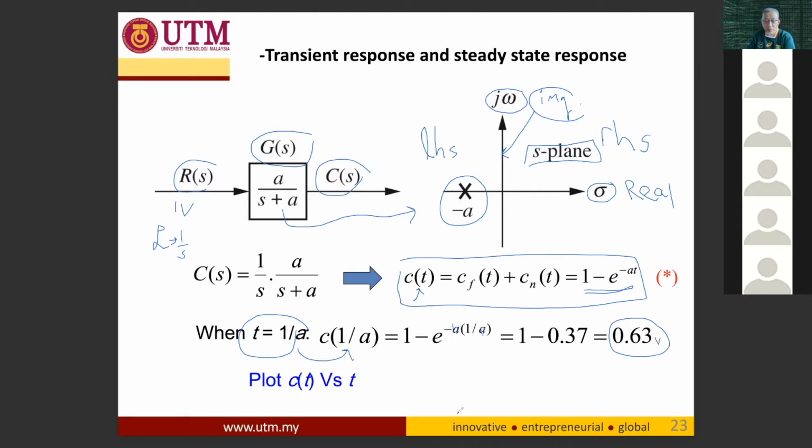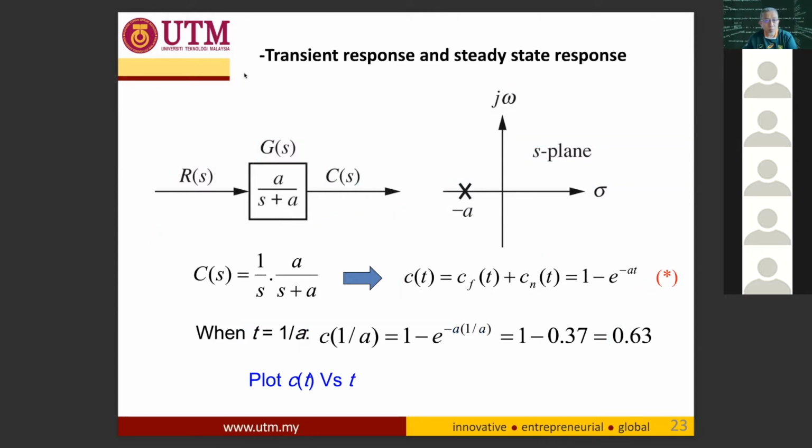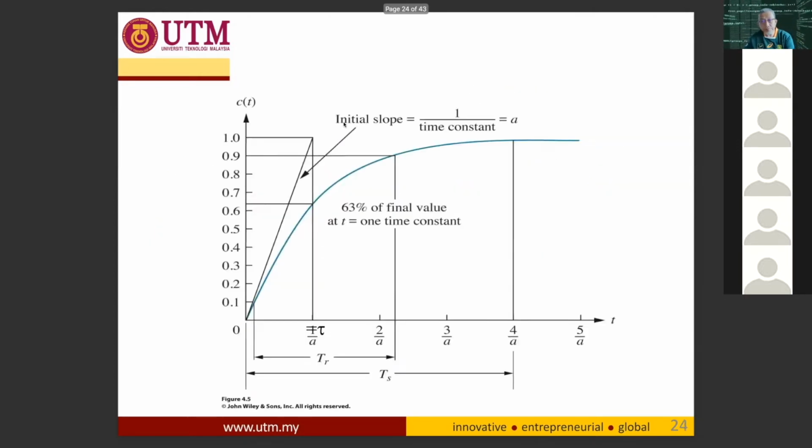When we plot this, we will get a graph represented by this blue line. This graph is the response of the first order system.